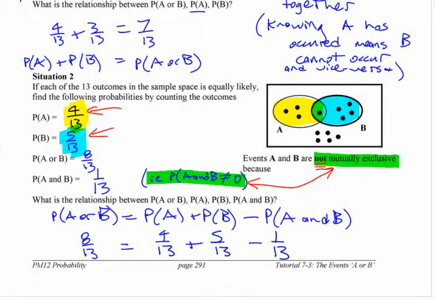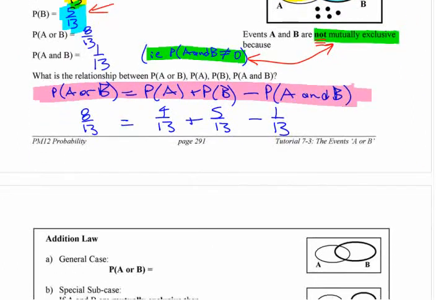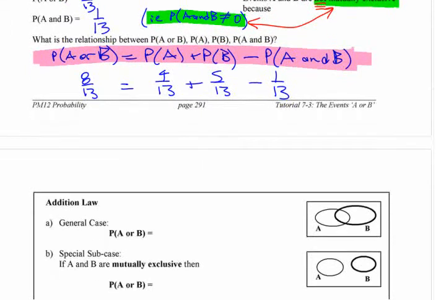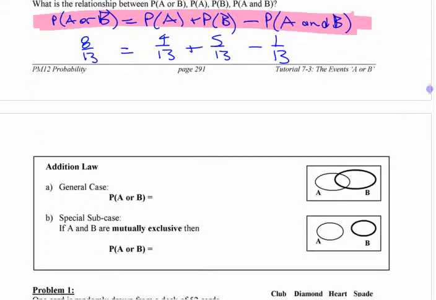This is a formula that is on your formula sheet, this thing right here. You could write that down. It's on the next page here, the little box, so maybe you could write something about it there. The general case is what I just had up there. To get the A or B, A plus B minus the overlap, A and B. That's a formula just like any other formula.